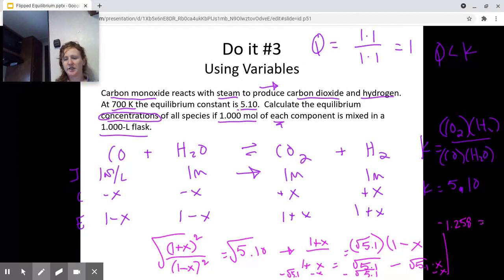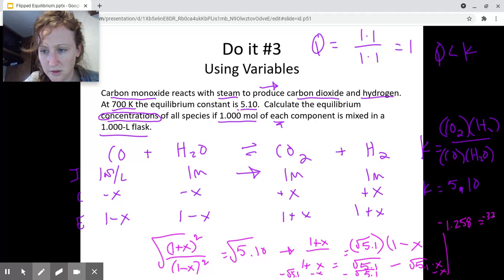I should have done it the other way. Oh well, negative 3.258 x, divide both sides by negative 3.258.